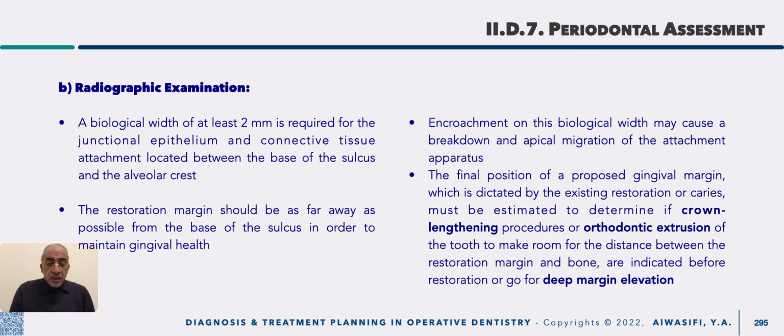In such a case, you need to examine your case carefully and consult a periodontist for either surgical crown lengthening or orthodontic extrusion. Or, it is not encroaching on the biological width, but you are afraid of its depth.